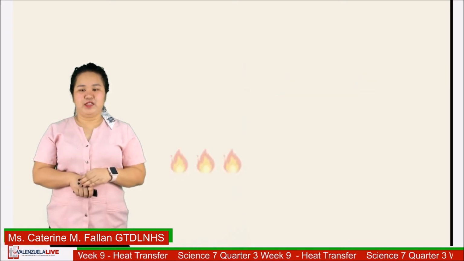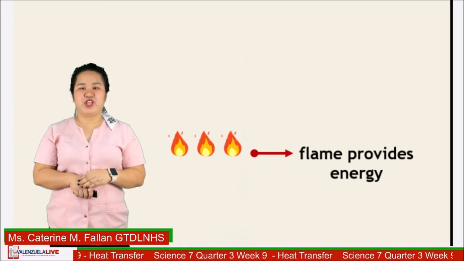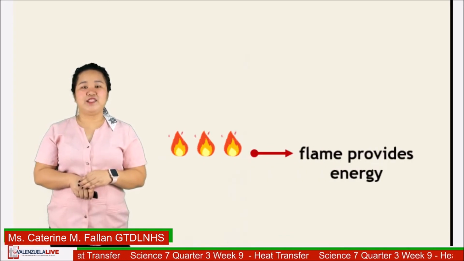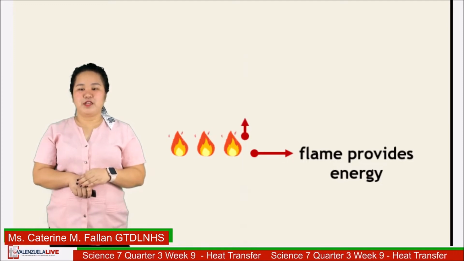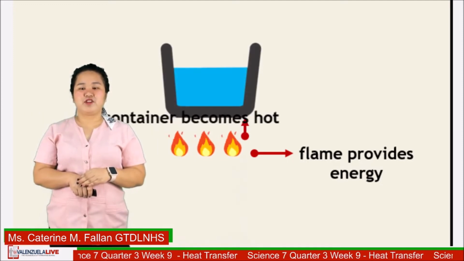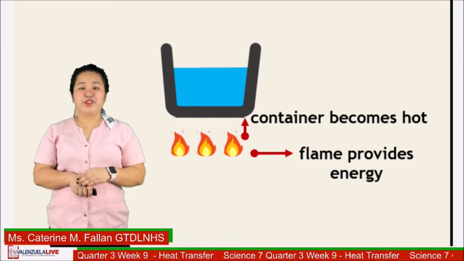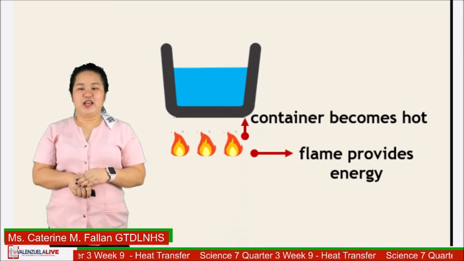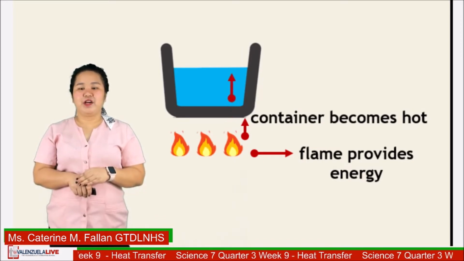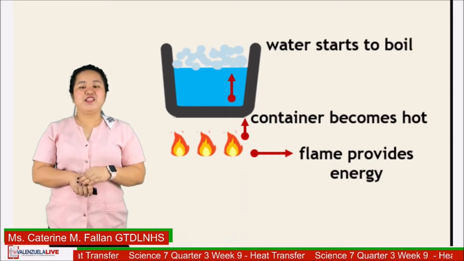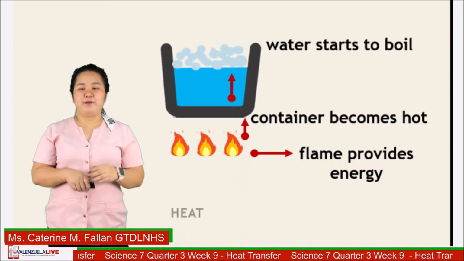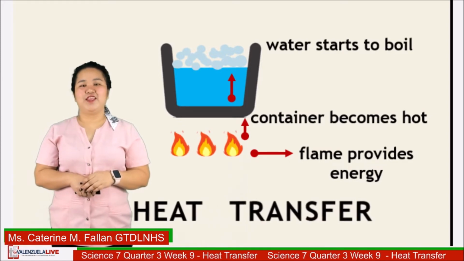The object that provides energy in our example is the flame. The energy produced by the flame is transferred to the container. That is why the water began to boil. This process is an example of heat transfer.